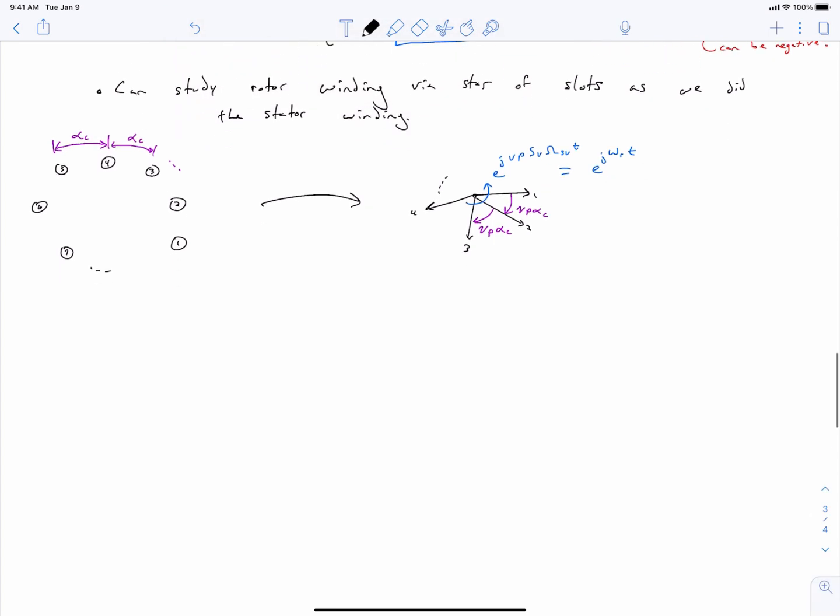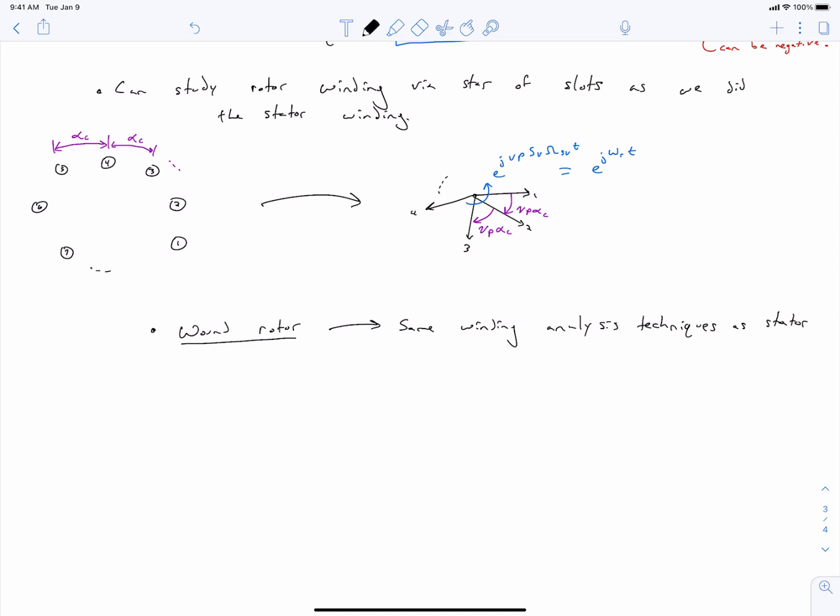Okay, so a couple of closing comments. The first is that if we're considering a wound rotor, we can end our analysis here. We're going to use the same winding analysis techniques as we use in a stator. It could be an integral slot rotor, it could be a fractional slot rotor. It's the same basic premise of analyzing slots per pole per phase, calculating winding factors, all of that.